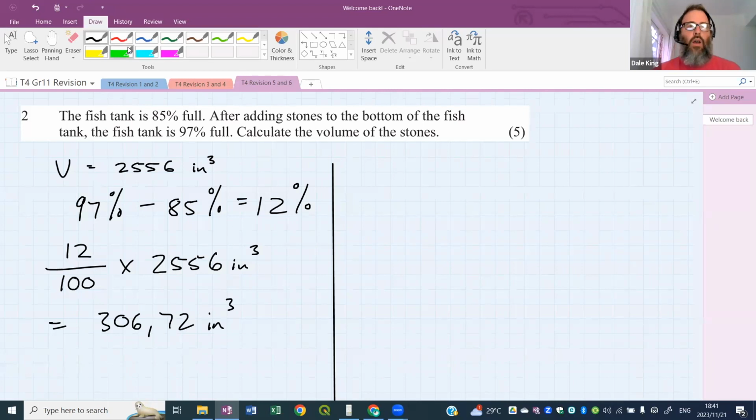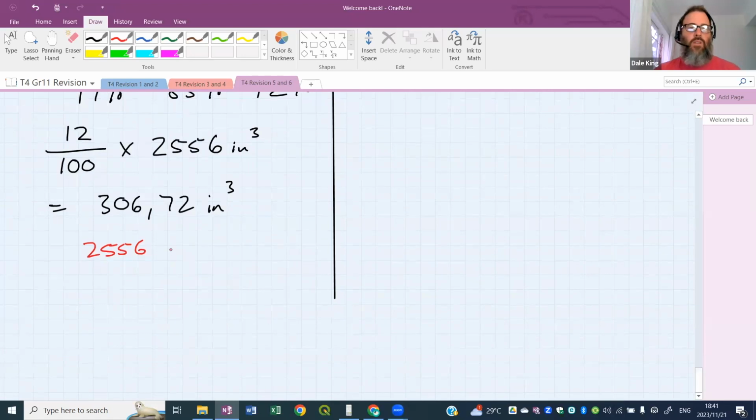Now, one thing I want to show you is how do we know if this is kind of right? In math literacy, there is a skill you might have been taught in grade 10 called estimation. We can estimate and see if this is right. We take the 2556, a quick estimation, and ask what is 50% of this?